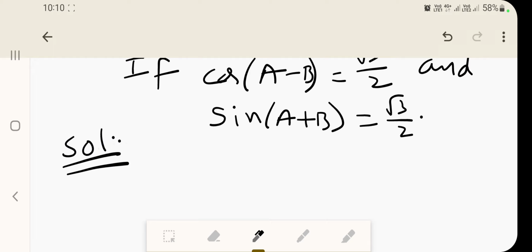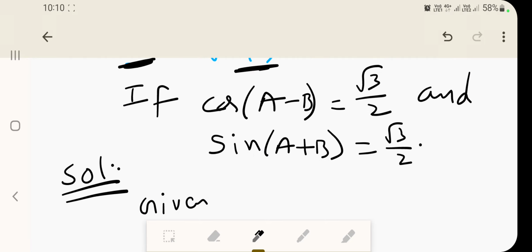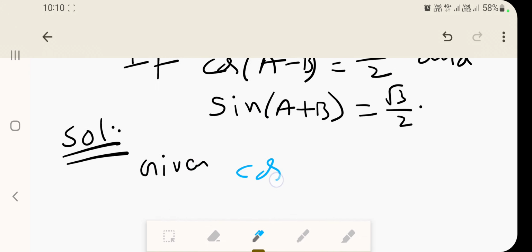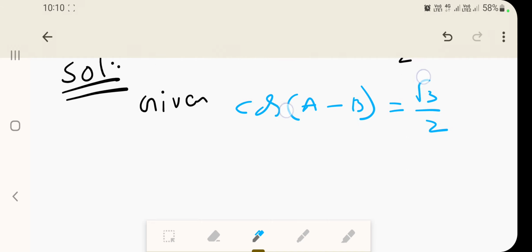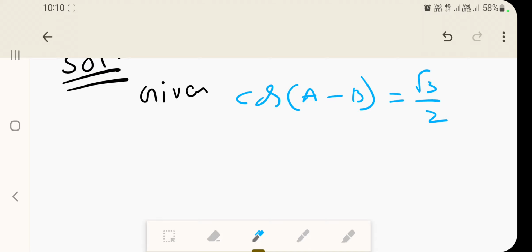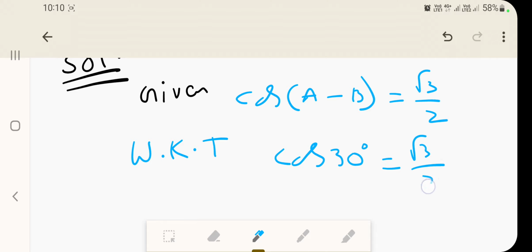So from the given value, first you can write: given is cos A minus B is equal to root 3 by 2. And we know that cos of the angle 30 degrees is nothing but root 3 by 2.